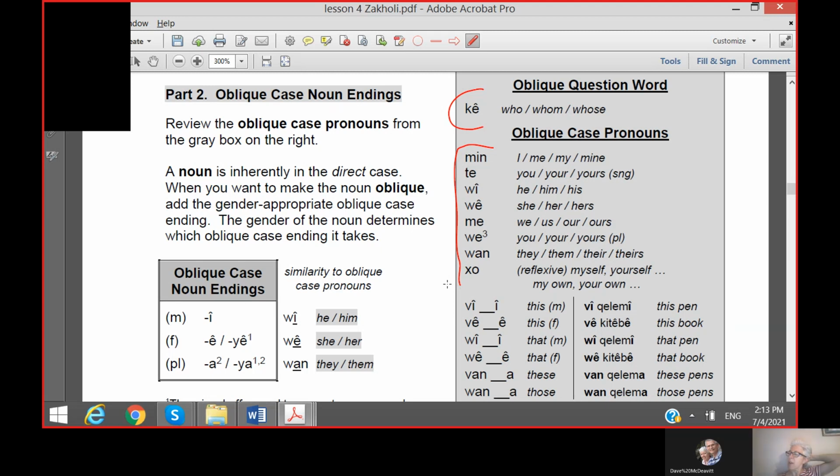And then, of course, you could have phrases like this pen, or this book, or that pen, or that book, or these pens, or those pens. And in that case, you use these phrases here, and all of these words are going to be in the oblique case, and they're going to have the oblique case noun endings on them.